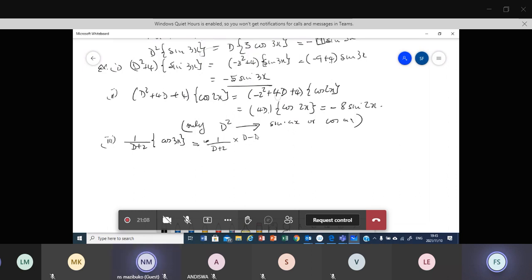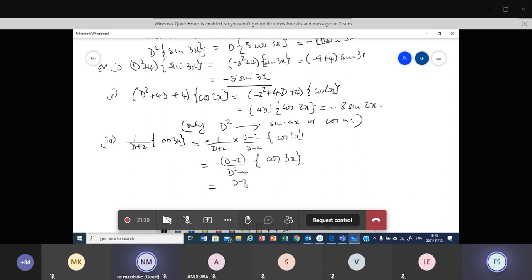We multiply by D minus 2 and divide by D minus 2, acting on cos 3x. You'll recall this is 1, but we have D minus 2 on top. At the bottom now, D and 2, that's a difference of 2 squares, D squared minus 4, acting on cos 3x.